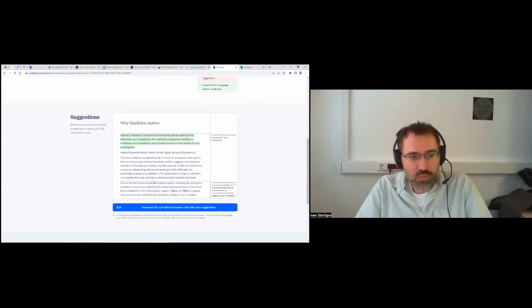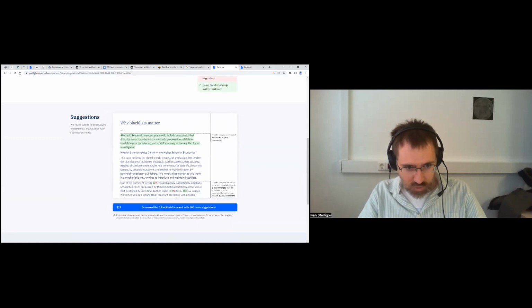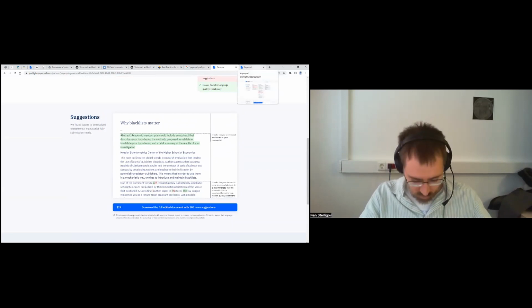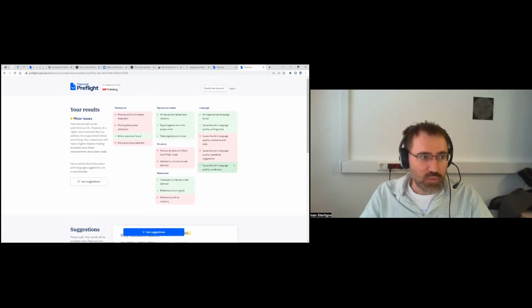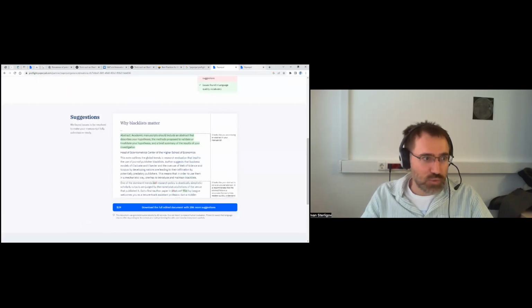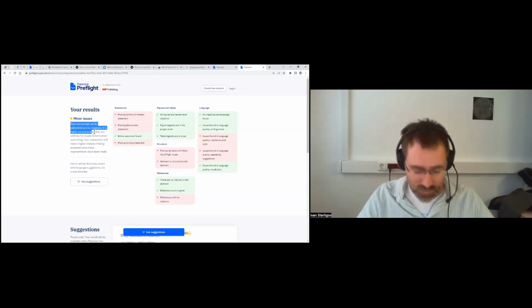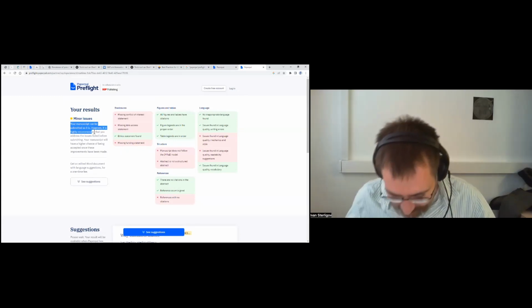You can download it with all the 286 suggestions, but here you have to pay $29, which I don't have. What's with the Institute of Physics? The same tool, minor issues. Your manuscript can be submitted as it is. Yes, so that's a huge difference.